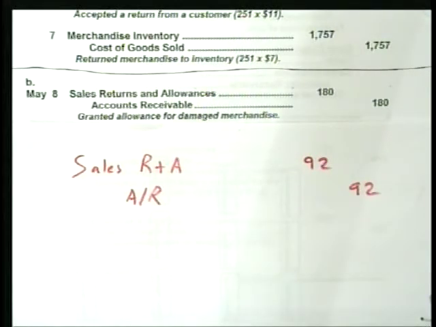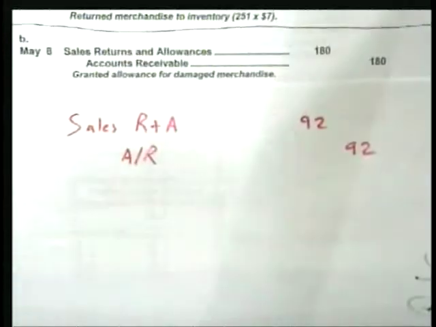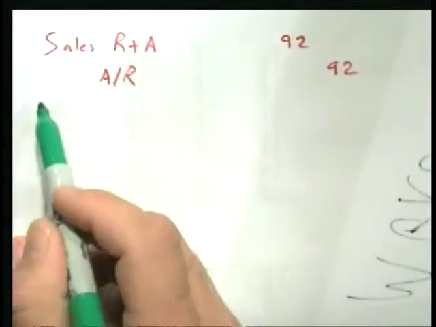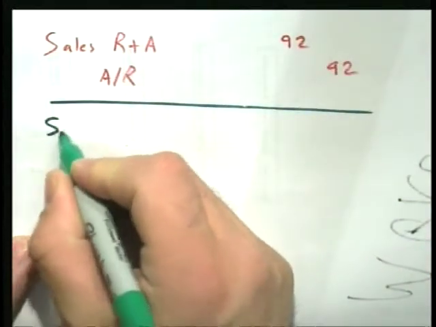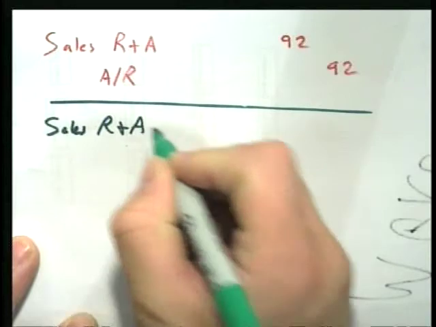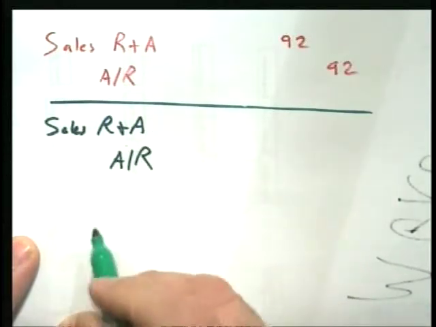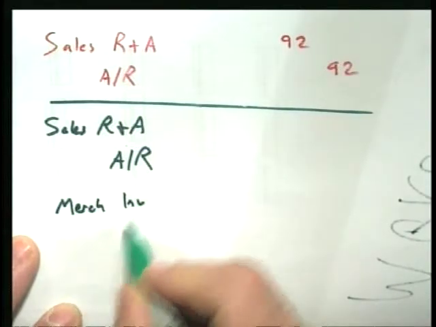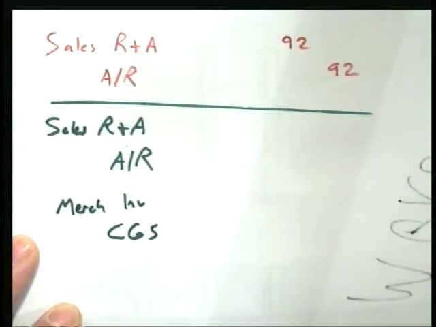The remaining 29 units they sent back, correct? So let's go ahead and make that entry. Let me move this up a little bit. Hold on a second. All right, so for that, we would debit sales returns and allowances, and credit AR, and we would also debit merchandise inventory and credit cost of goods sold, correct?